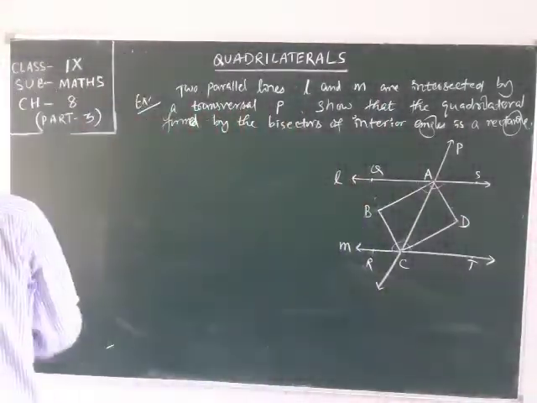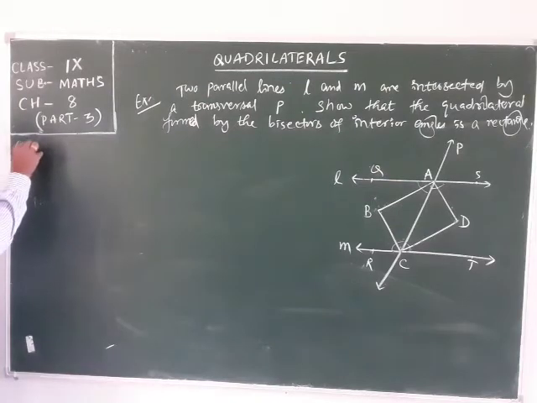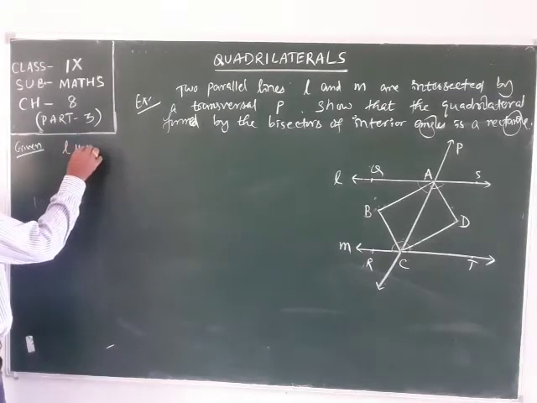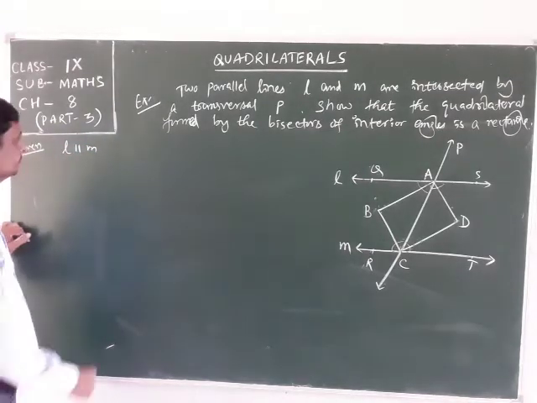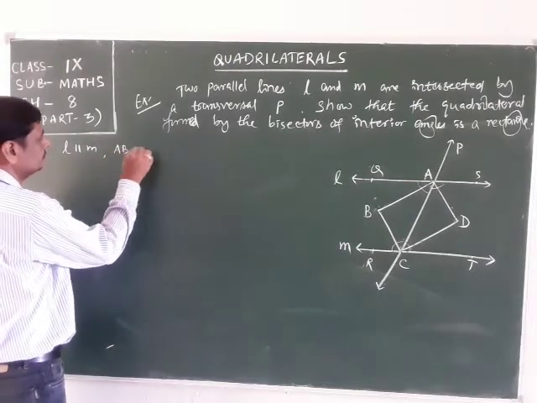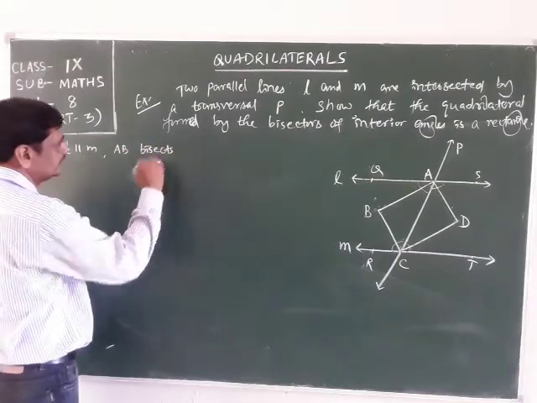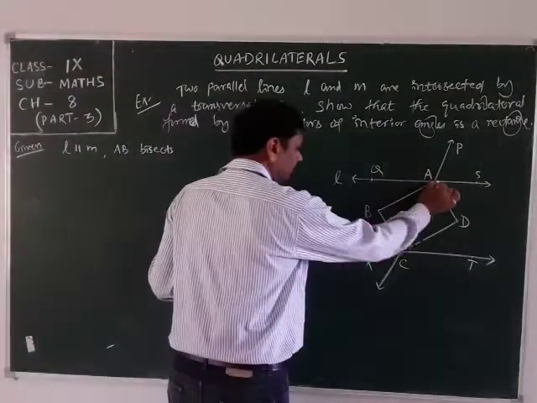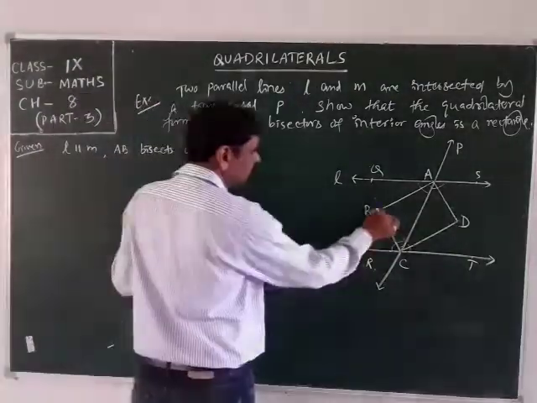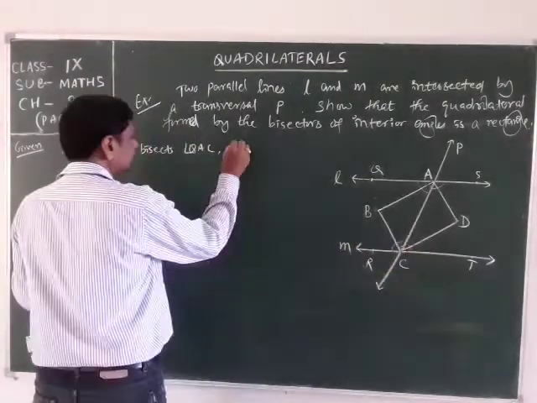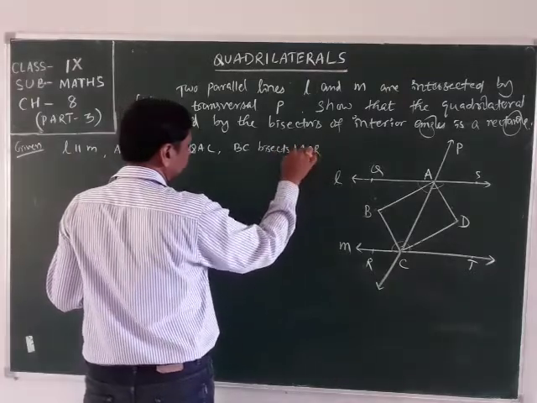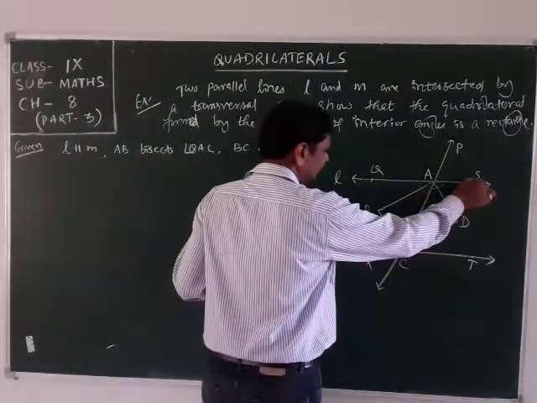So it is given: L is parallel to M. AB bisects angle QAC. BC bisects angle ACR. AD bisects angle SAC.